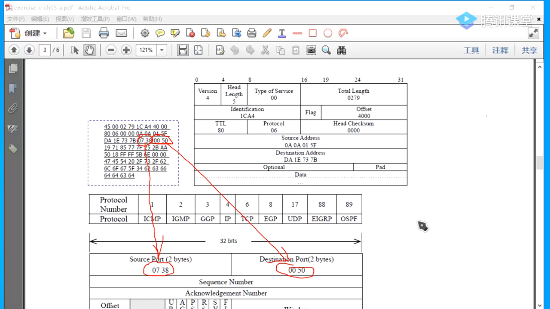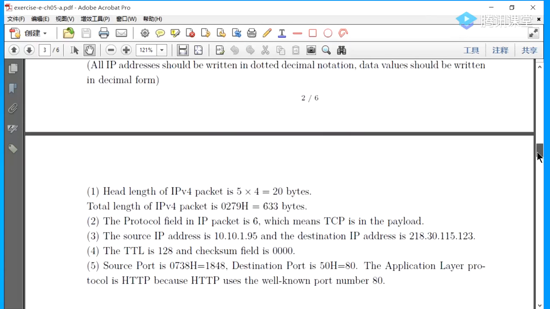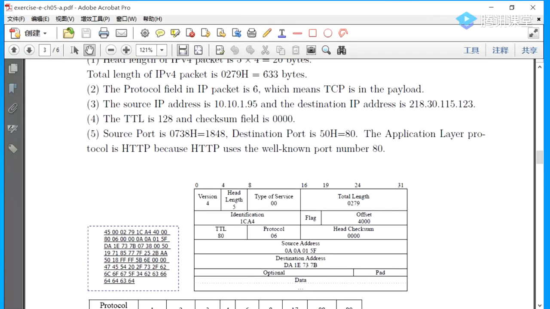So then we can get the source port is 0738 in hexadecimal, that is 1848.